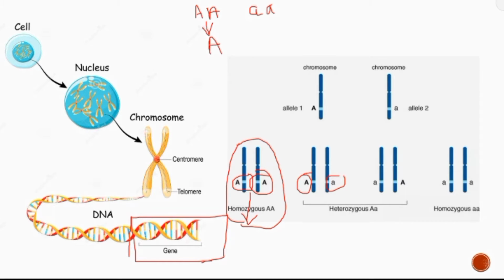But यहाँ पे homozygous में क्या हो रहा है, it only has A, so it can produce only one type of gamete. But यहाँ पे क्या हो रहा है, इसके पास small a is small a, so यहाँ पे it can produce only one type of gamete.